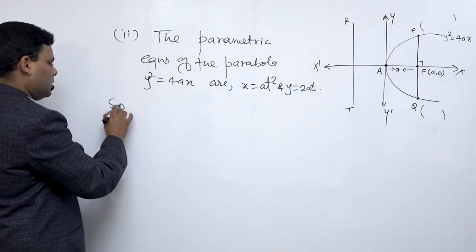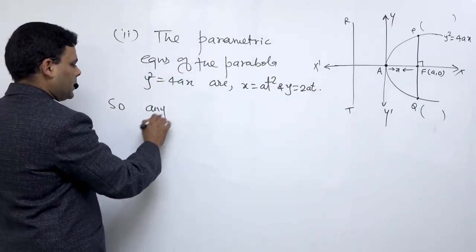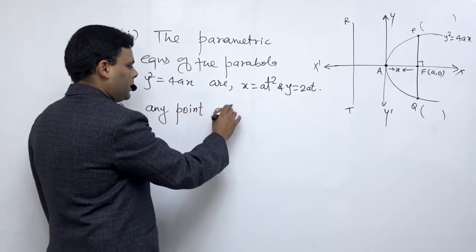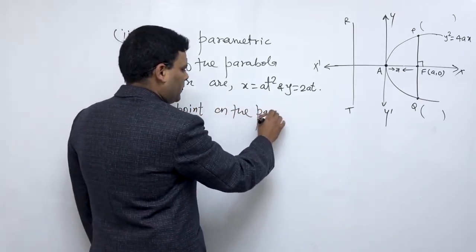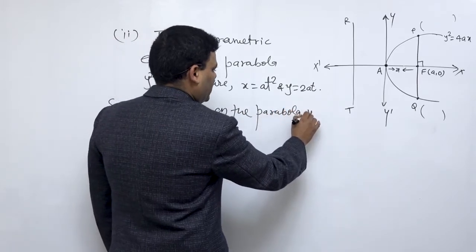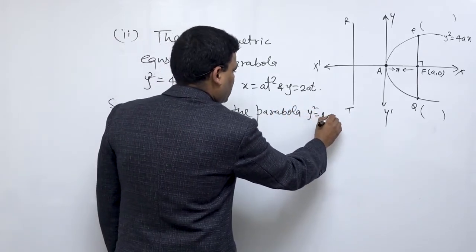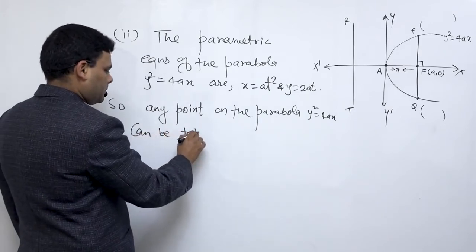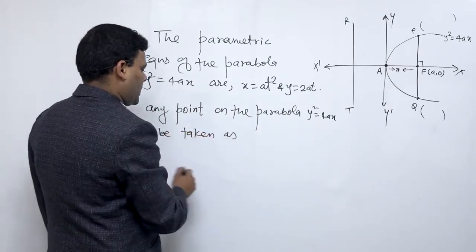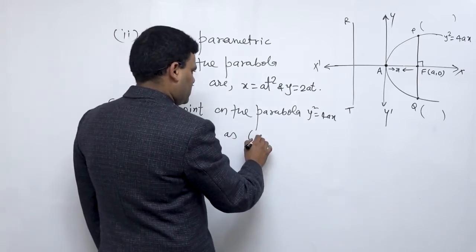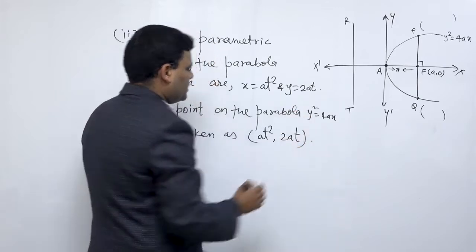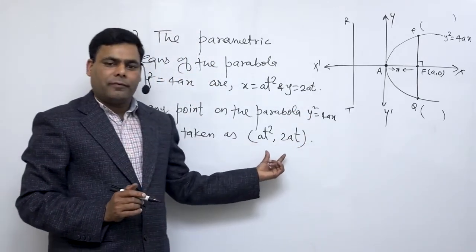So any point on the parabola y square equals to 4ax can be taken as at square comma 2at, because this point also satisfies the equation of the parabola.